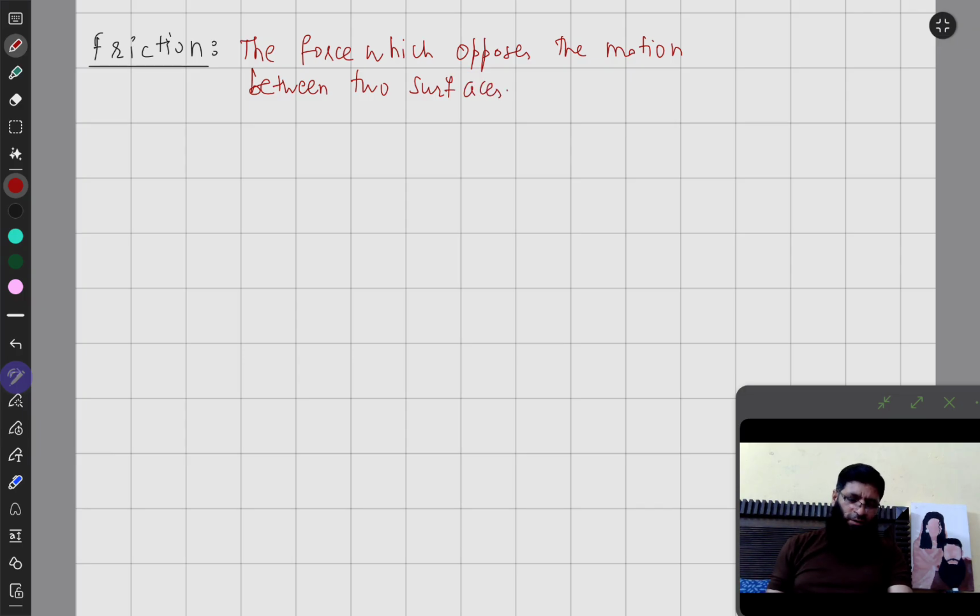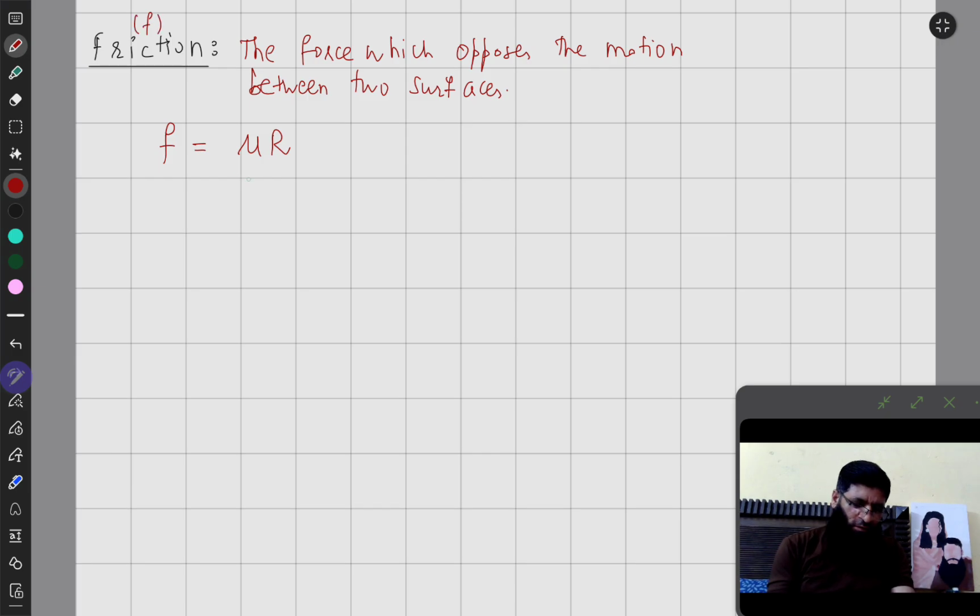This is called friction, and the basic formula for friction will be F is equal to mu R, and the symbol for friction is usually small f.